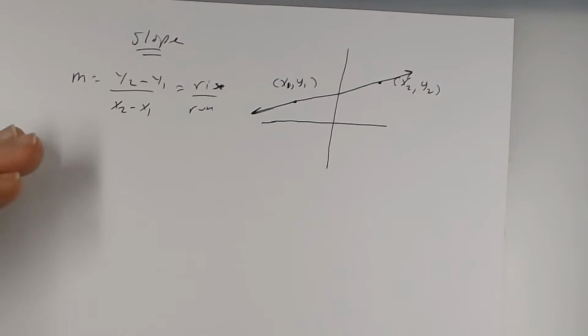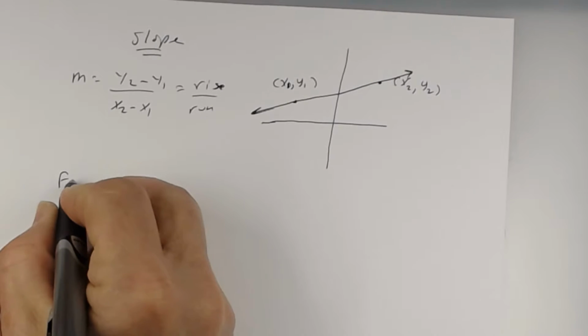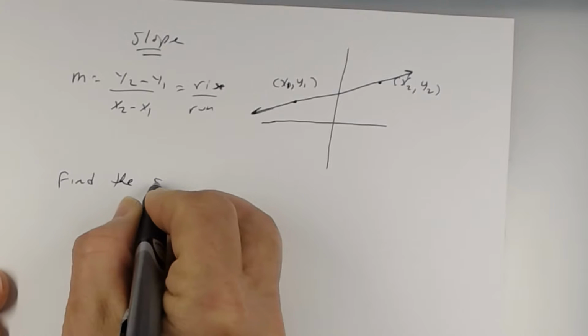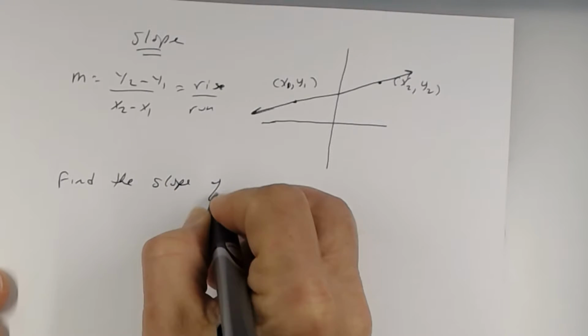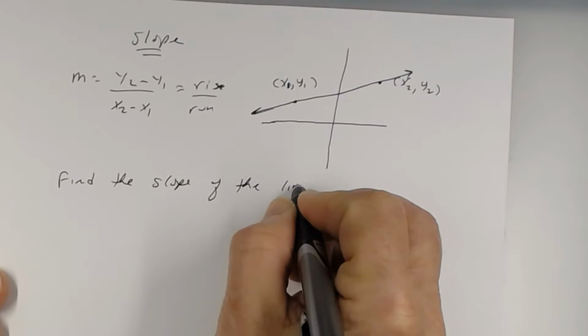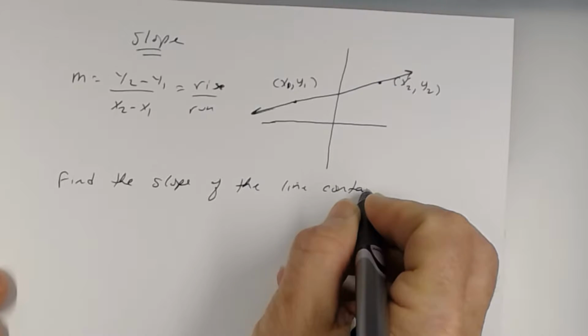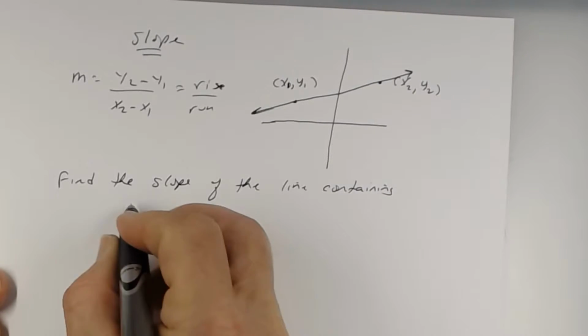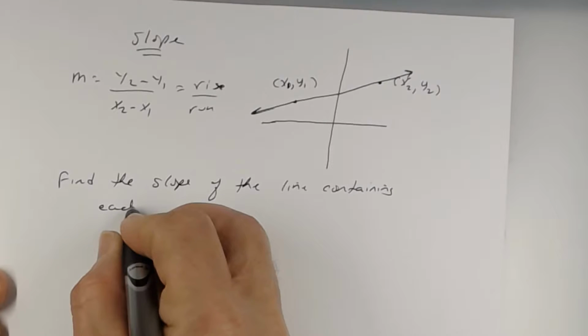Now, let's talk about using the slope formula. All right, find the slope of the line containing each pair of points.